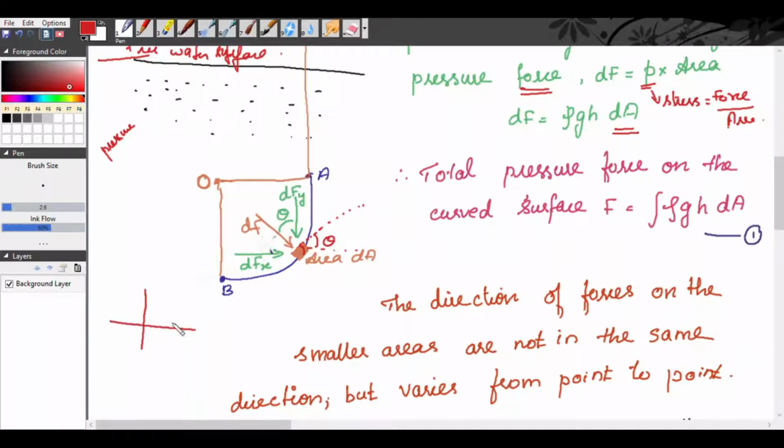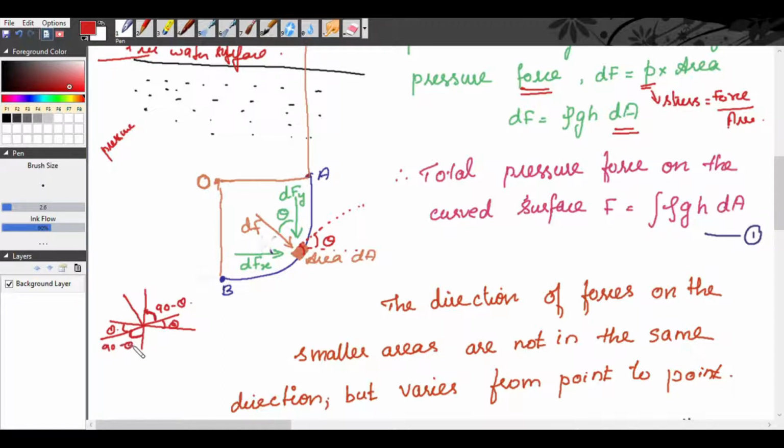Because if this is theta, then this becomes 90 minus theta.